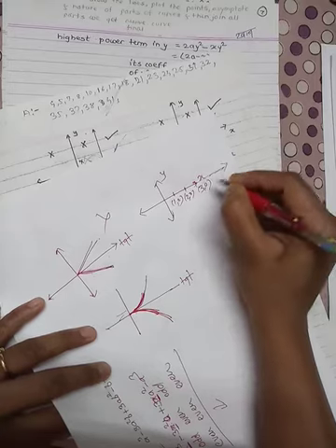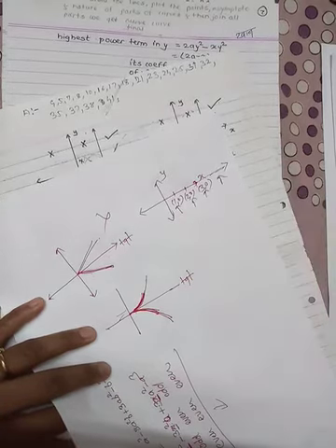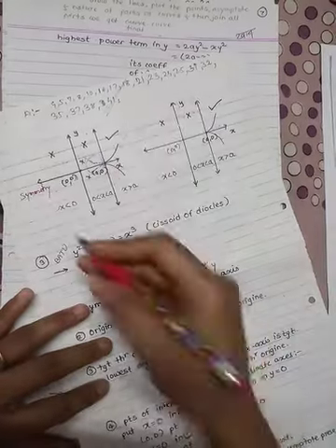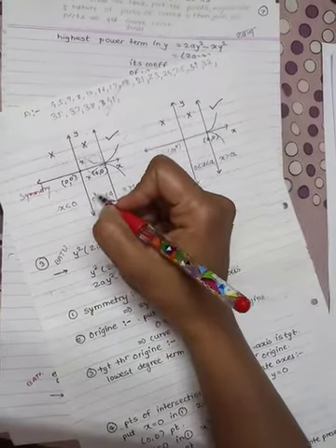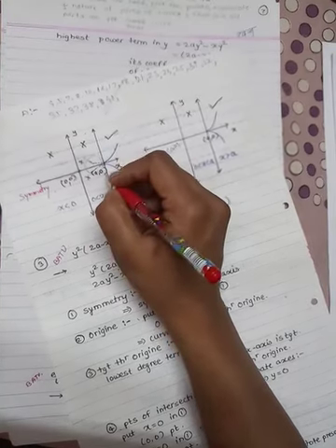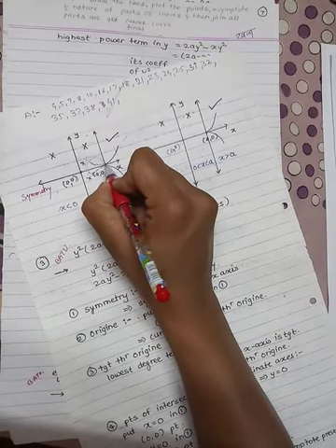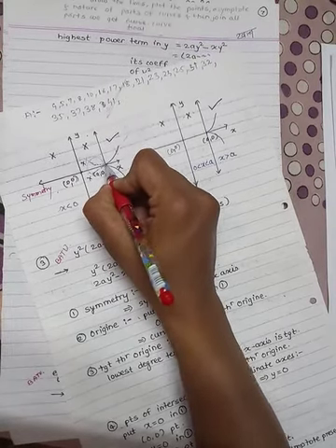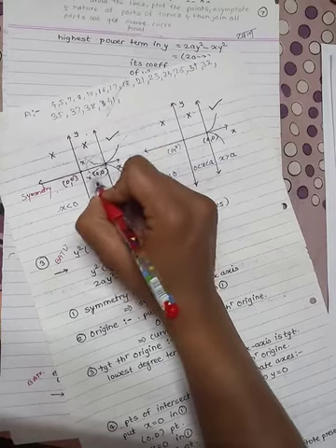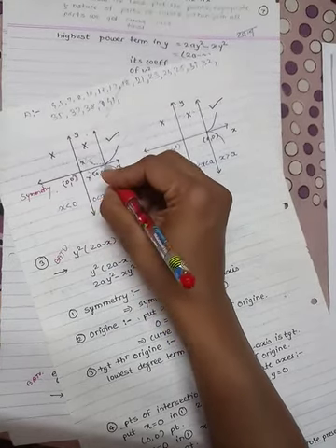So all the points on the x-axis are like this: (1, 0), (2, 0), (3, 0), (4, 0), etc. For the proper curve, take the (a, 0) point randomly at this location on the x-axis. Plot this (a, 0) point at this position.